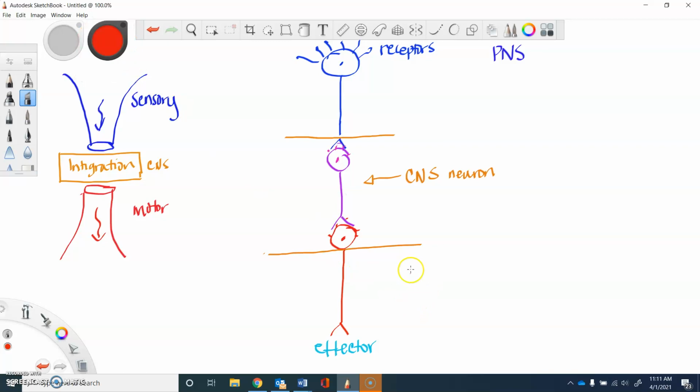This one out here is also PNS because it's going out to effectors out in the body. Okay, so again, this is motor, and this is sensory. So remember, information is flowing in this direction into the central nervous system and then back out.